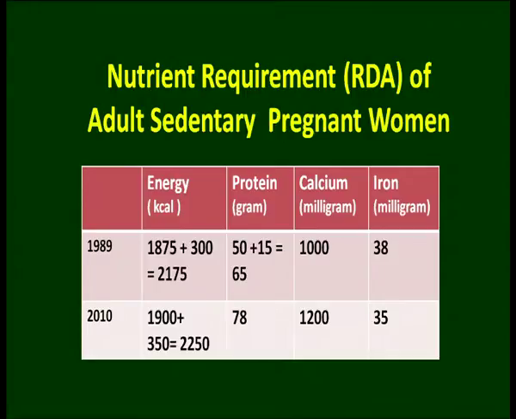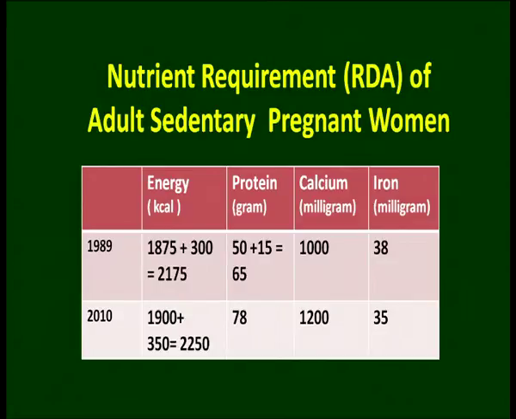One of the factors we have talked about is that energy or nutrient requirement is different in different physiological conditions. One of the physiological conditions with women is pregnancy. Pregnant women require more energy and other nutrients. You will find that the earlier recommendations were plus 300 calories as per the occupation of the woman, that is sedentary, moderate or heavy worker.